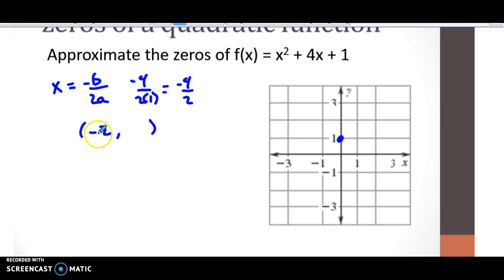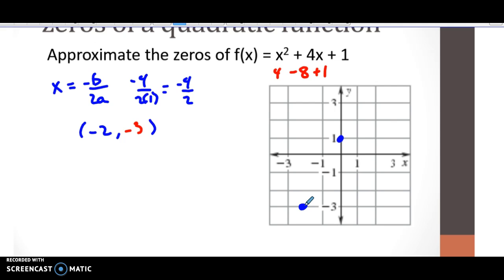And if I substitute that back in here to find my y-coordinate, -2 squared is going to be 4. 4 times -2 is going to be -8. So I have 4 minus 8, which is -4, plus 1, which is -3. So I have my vertex, -2, -3.